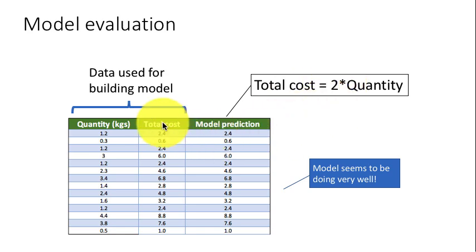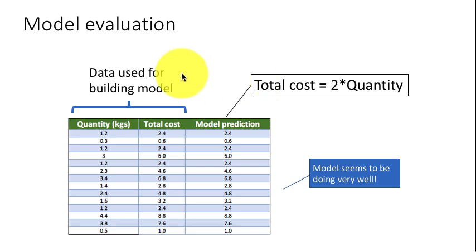Then we can compare and see how good the model prediction was compared with the real thing. In this case, the model prediction is going to be exactly equal to the real case in every case, because this was an exact model. At least for the subset of the data that we saw, the model was perfect. There was no exception to the model at all.